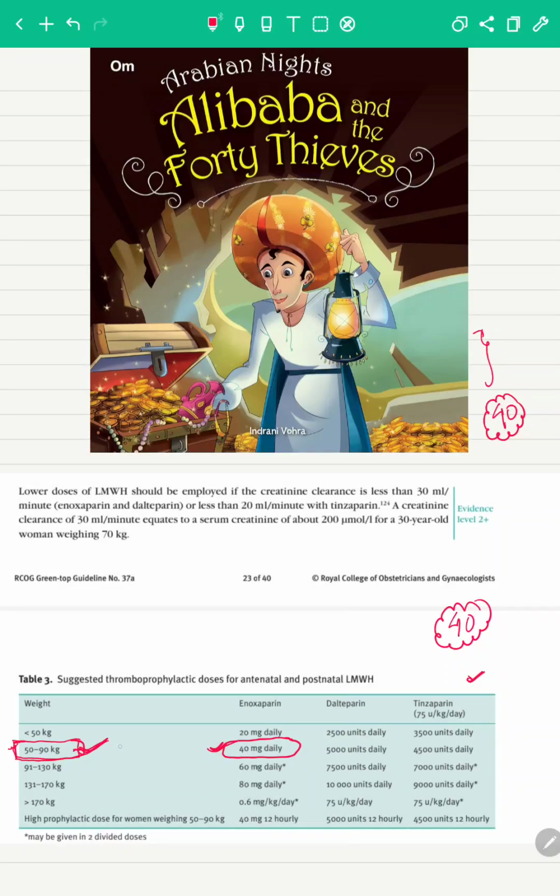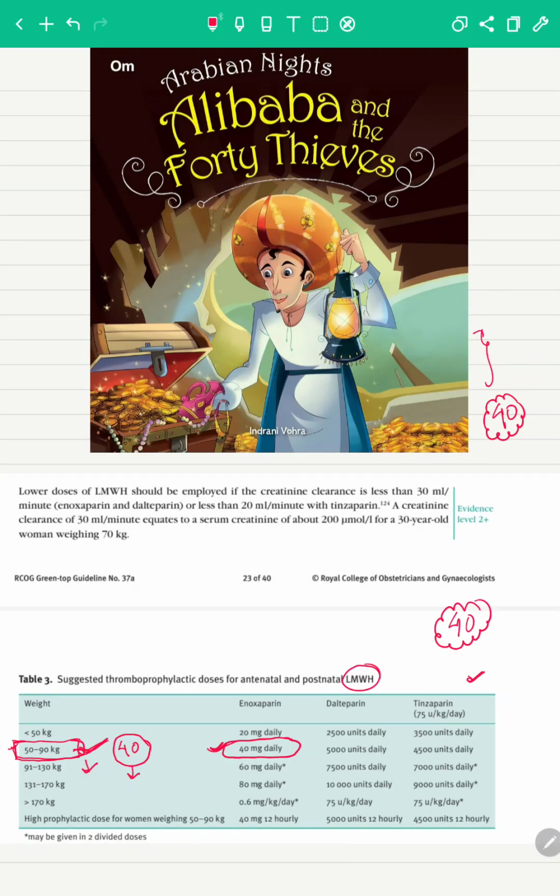So the difference again, range is of 40. 50 plus 40 is equal to 90. Now this 40 magic number has another use in this table, and that is for every subsequent increase in the dose of anticoagulant, we have to add 40 to the weight range.